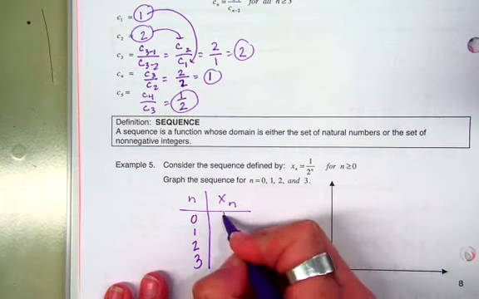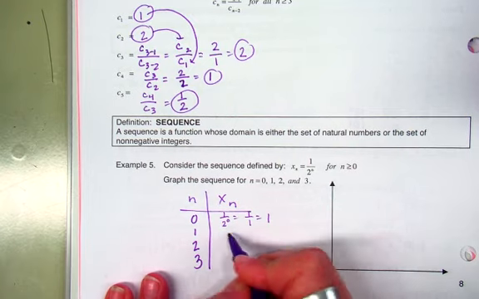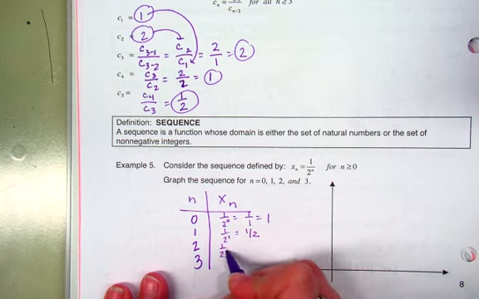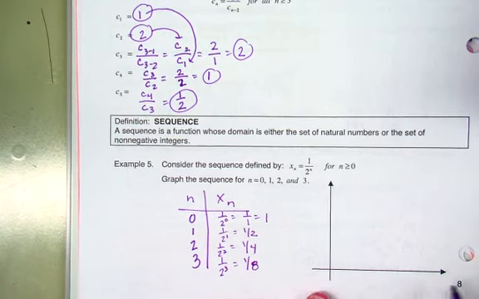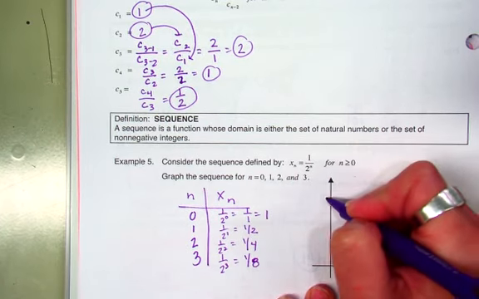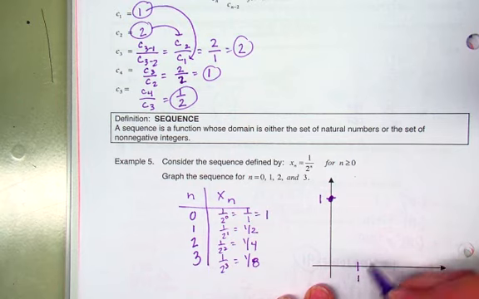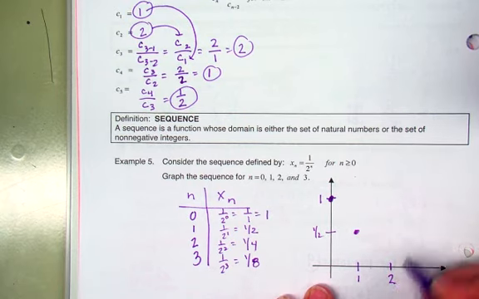So if I plug in 0, 1, 2, and 3 into this explicit formula, 1 over 2 to the 0 is just 1. 1 over 2 to the first is 1/2. 1 over 2 squared, and 1 over 2 to the third. And so when I go to graph those points, 0, 1 will start up here. 1, 1/2. 2, 1/4.